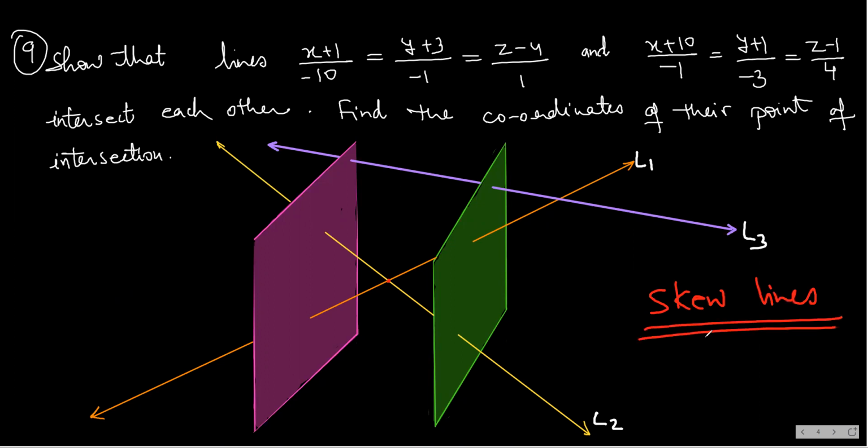Remember, skew lines are those lines which are not parallel, but they will not intersect each other. This is something we have different from 2D.